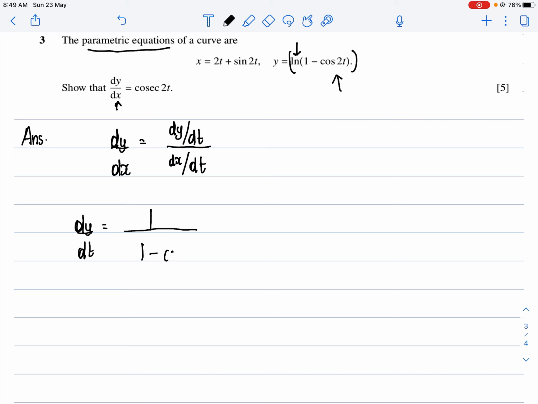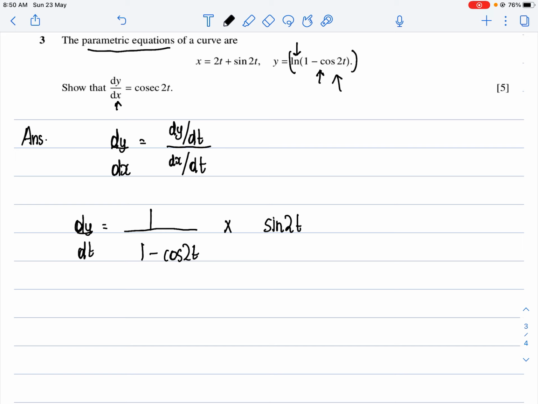1 minus cos 2t. But this will be multiplied by the differentiation of the inner bracket, which is 1 minus cos 2t. The differentiation of 1 is 0, and the differentiation of cos is simply minus sine, so this becomes sine 2t because the minus and minus cancel.